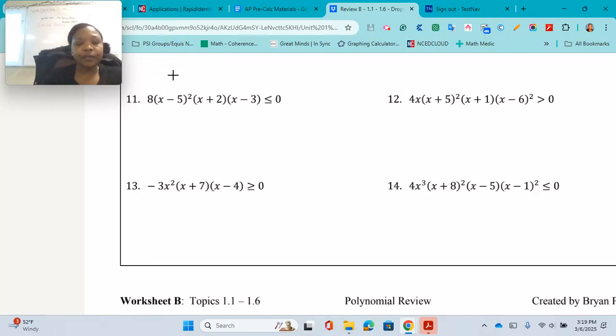We have a 0 at 5 and, excellent, 5, negative 2, and 3. Now we're going to put it on the number line in order from least to greatest. So that would be negative 2, 3, and 5.